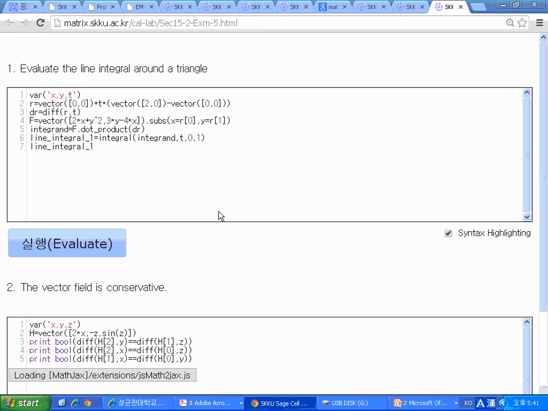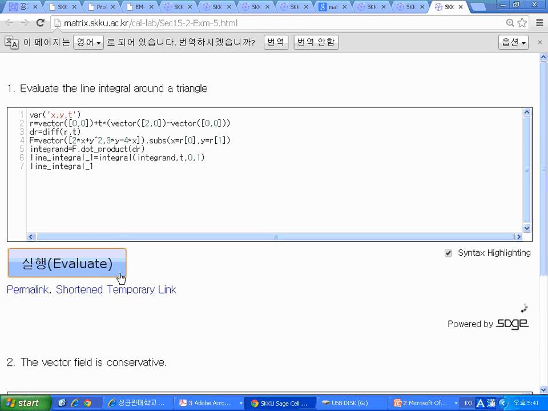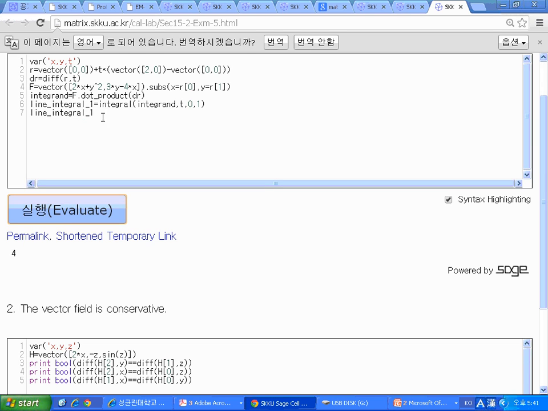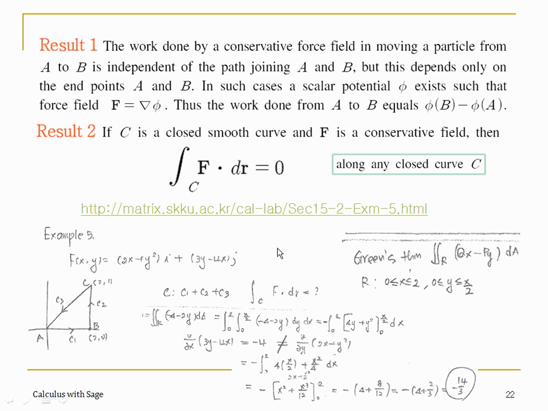Okay? And this is a Sage code for Example 5 that gives us a line integral. This line integral and vector can be found in here. But let's see Example 5. F of x is defined in this way.